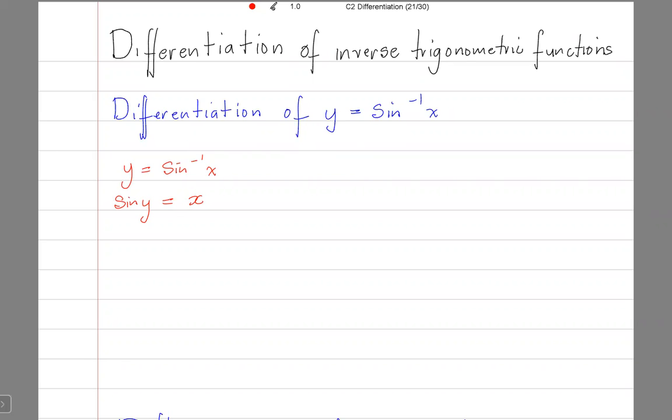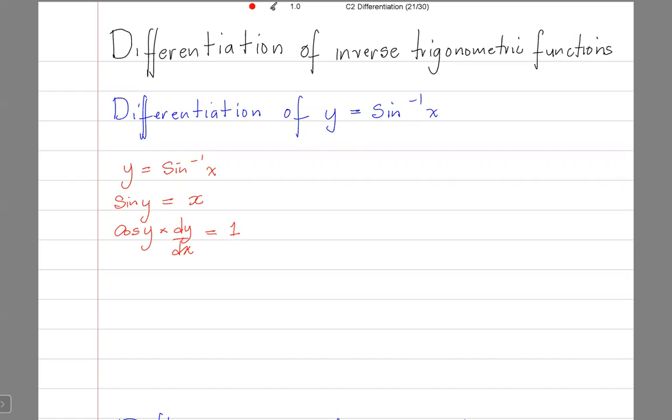If I differentiate the sine of y with respect to x, if I differentiate sine, I'm going to get cos. So this is the cosine of y. Then I have to multiply by the differential of the inside function y, which is dy by dx. And then if I differentiate x with respect to x, I'm going to get 1.